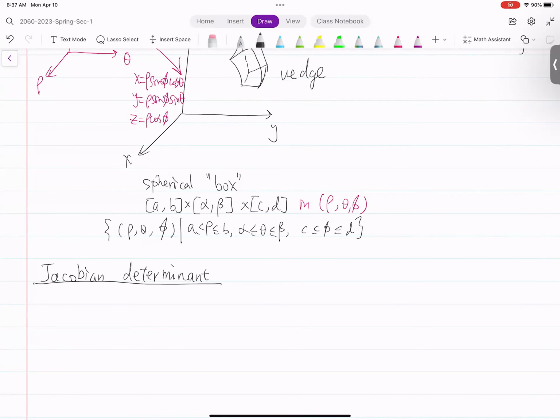Let's think about these two systems, one in red, one in black. The original is going to be called u, v, and w.